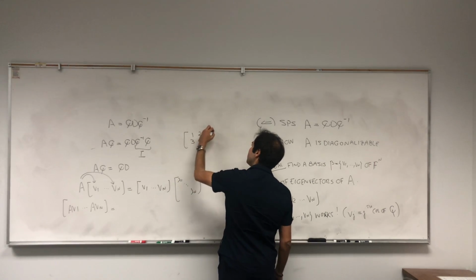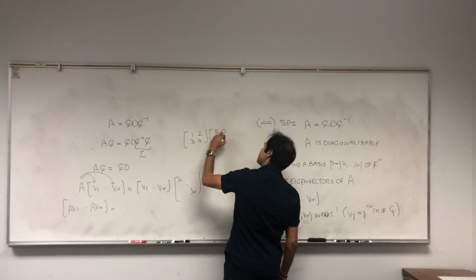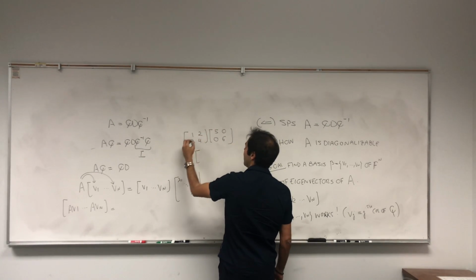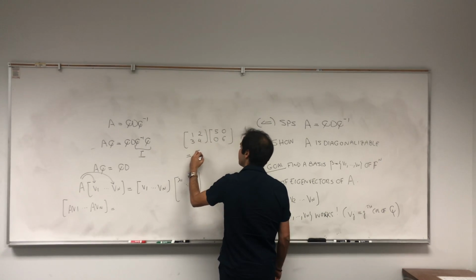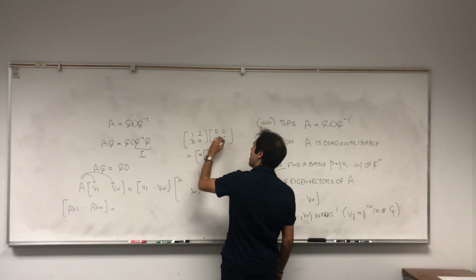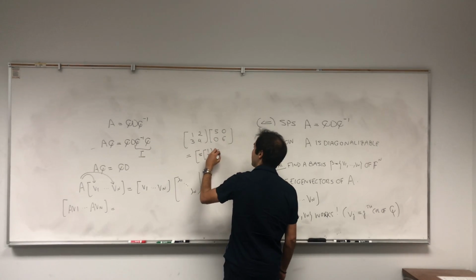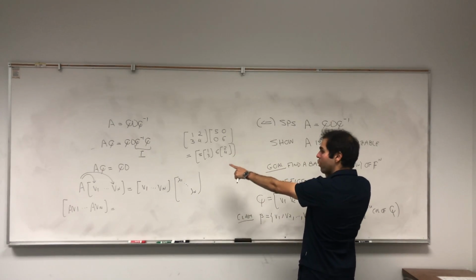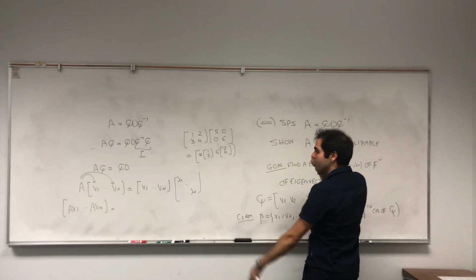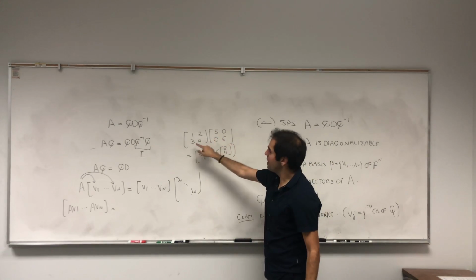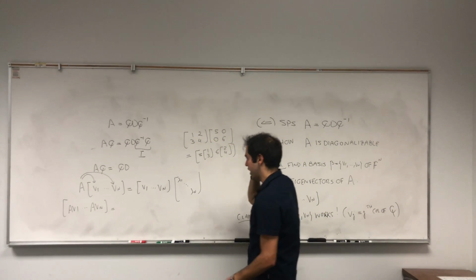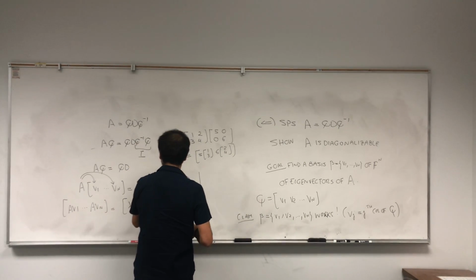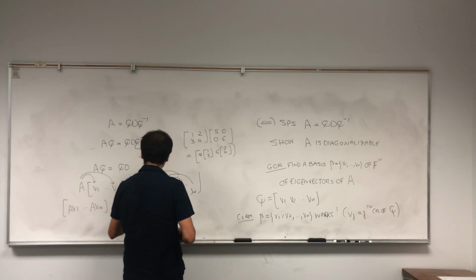If you do (1, 2; 3, 4) and multiply by (5, 0; 0, 6), what you get is 5 times (1, 3) and 6 times (2, 4). So indeed, if you multiply a matrix by a diagonal matrix on the right, it's like multiplying every column by the corresponding diagonal entry. So we get lambda 1 v1 up to lambda n vn.